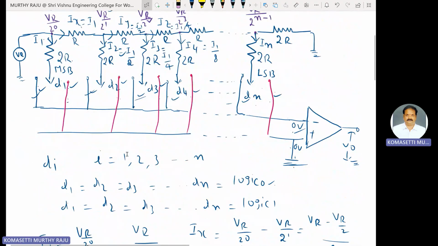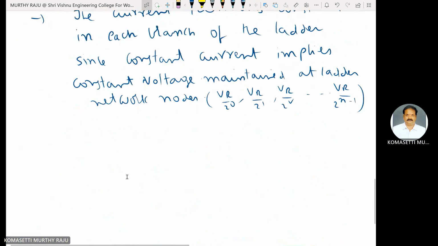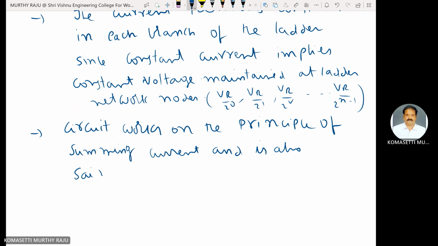The circuit works on the principle of summing currents, and it is also said to be operated in the current mode.